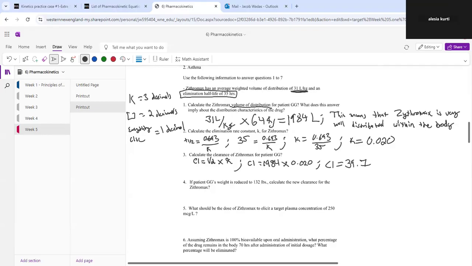Perfect. So concentration is 2 decimal places, K is 3 decimal places, and everything else is 1 decimal place. If you remember the acronym, concentration, K, everything else: it's 1, 2, 3.